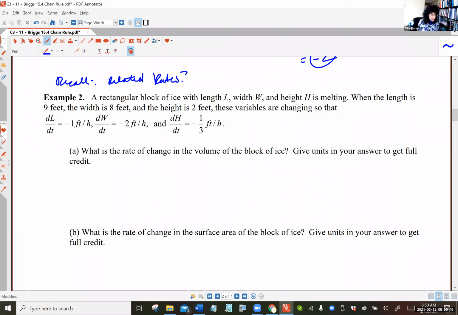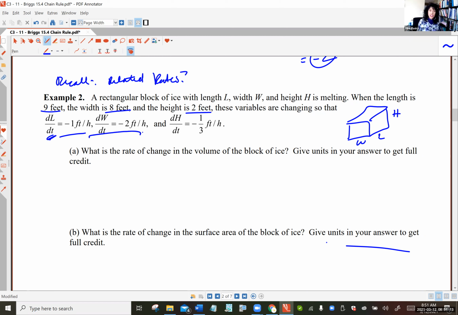So for example 2, let's say you have a rectangular block of ice. So it's got a width, a length, and a height. And let's say it's melting. When the length is exactly 9 feet, the width is 8 feet, and the height is 2 feet, the variables are changing such that the rate of change of length, dl/dt, with respect to time, is -1 foot per hour, because the block of ice is melting, so everything is shrinking.